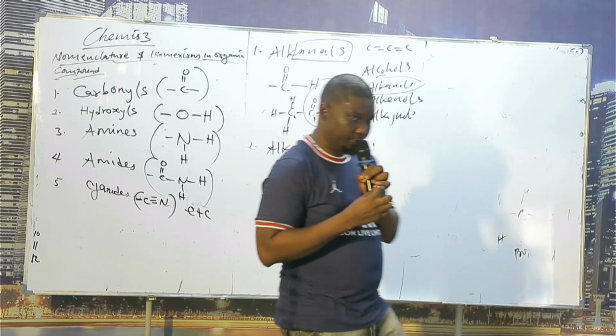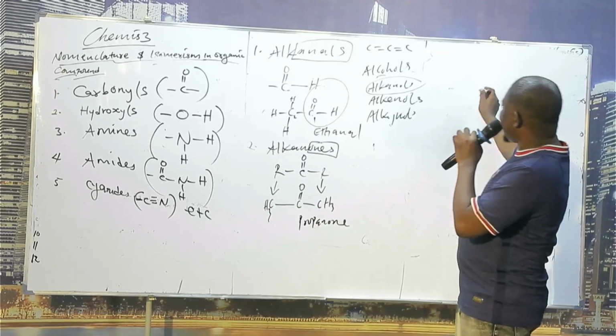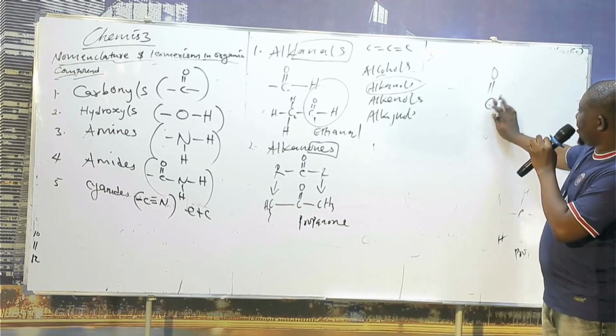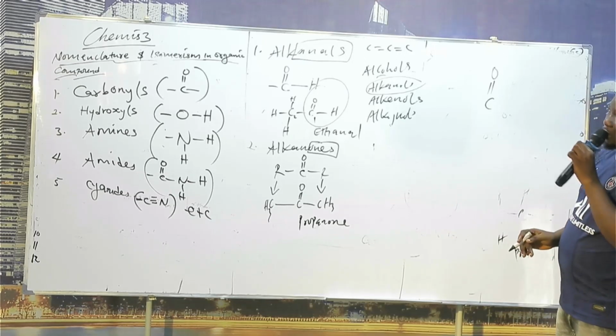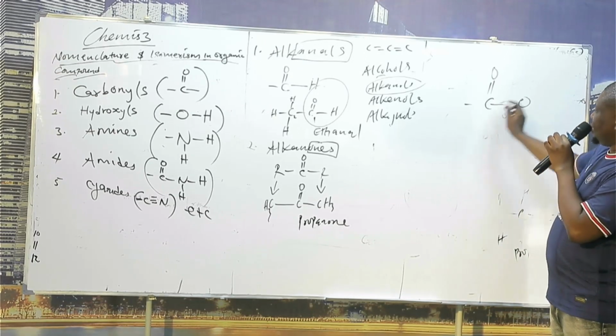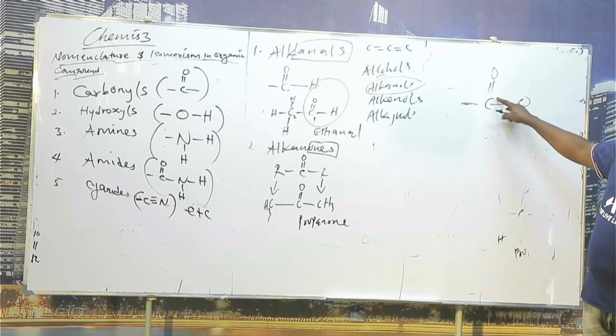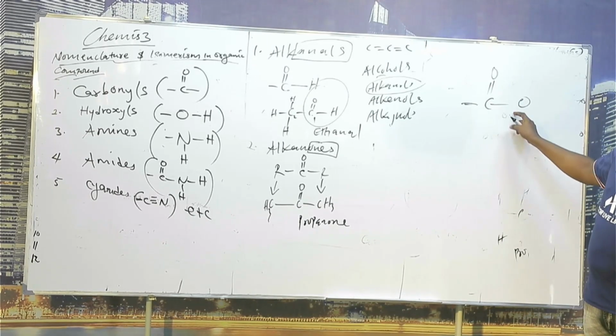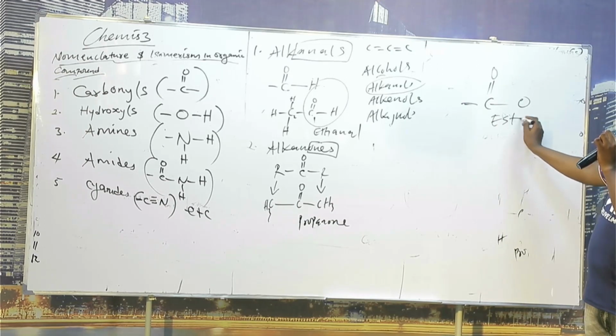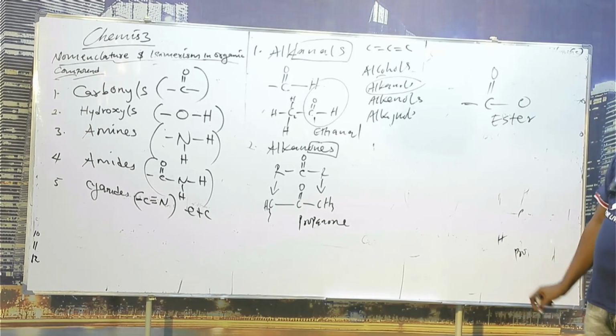Functional group. It's a carbonyl. Look at it. Esters. It's a carbonyl, can you see? But the carbonyl is linked to oxygen. Whenever you see an organic compound that has a carbonyl linked to oxygen, that is an ester. I'll give you an example now.